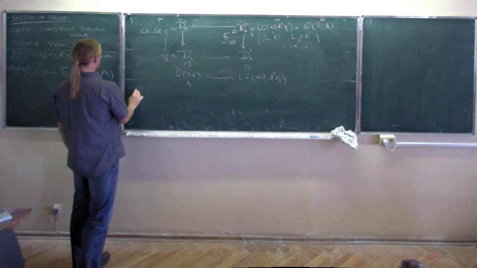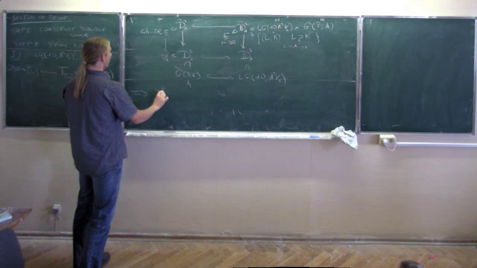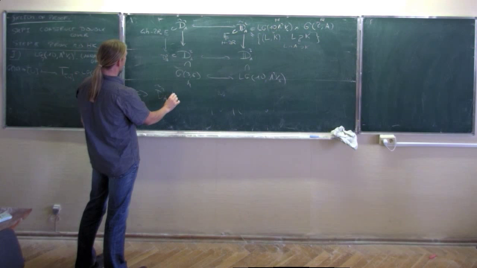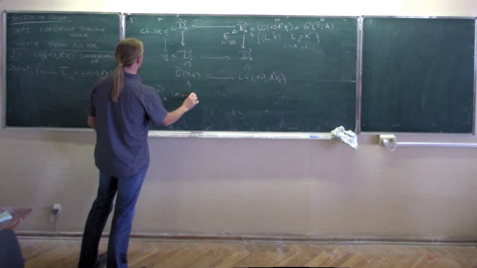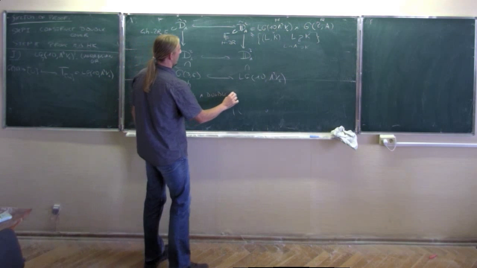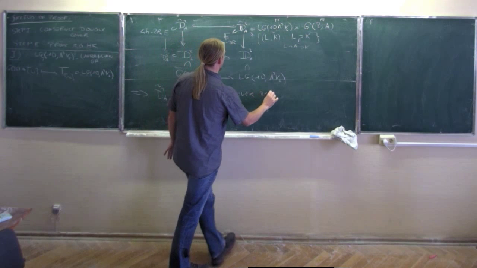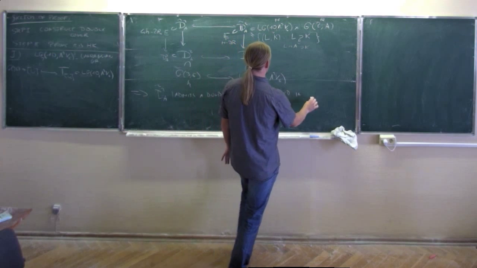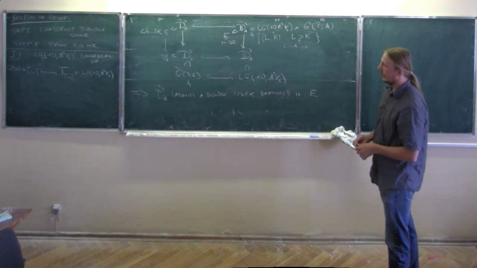So this implies that D2A tilde admits a double cover branched in E, the exceptional divisor.